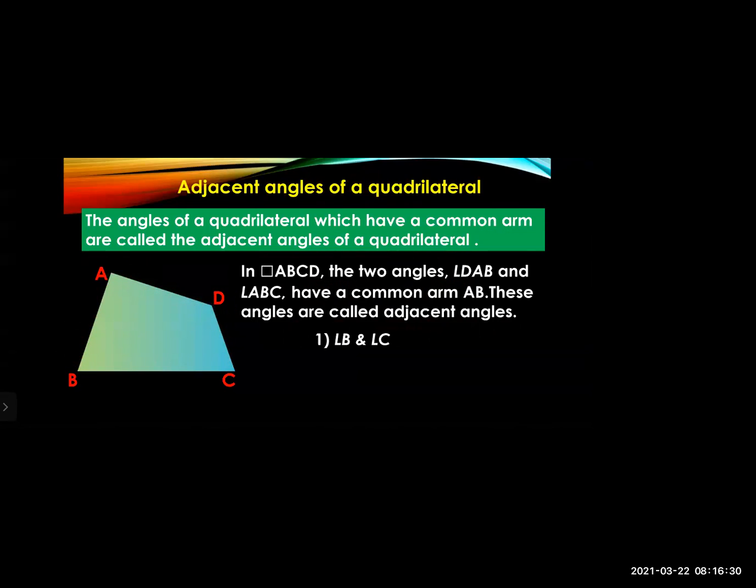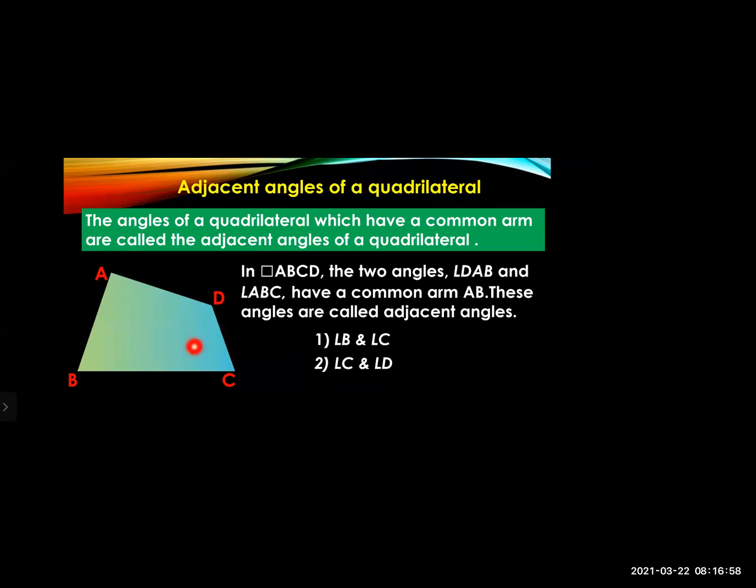Then angle B and angle C. You can write it like this also, angle ABC and angle BCD. In this, which is the common arm? BC. And angle C and angle D, you can read like this, angle BCD or angle CDA.